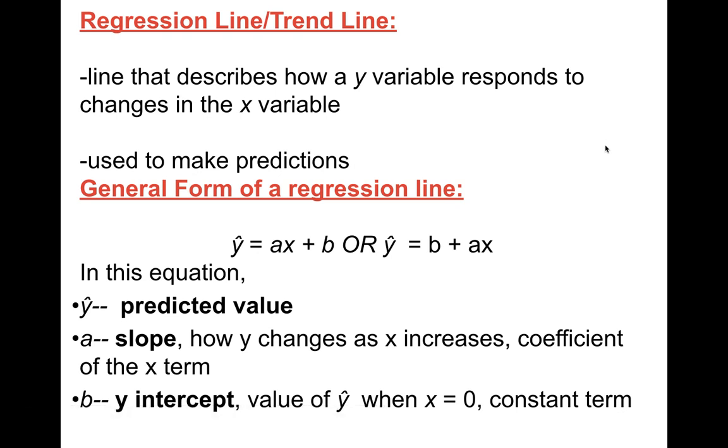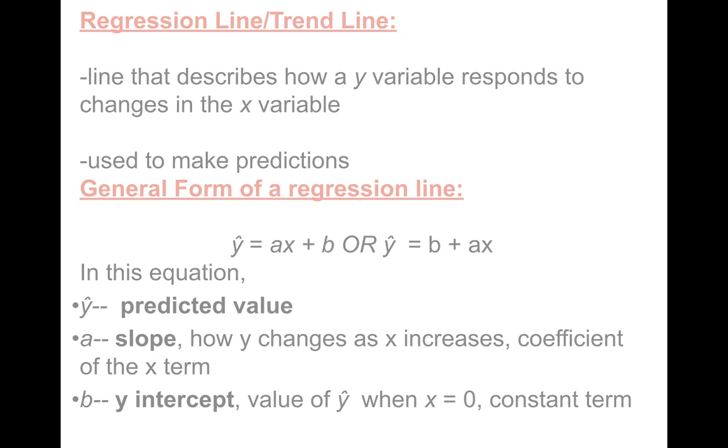So it is what we predict our y value to be when x is 0. So that is what a regression line is. We'll talk about how to actually calculate the equation of a regression line in a few minutes.